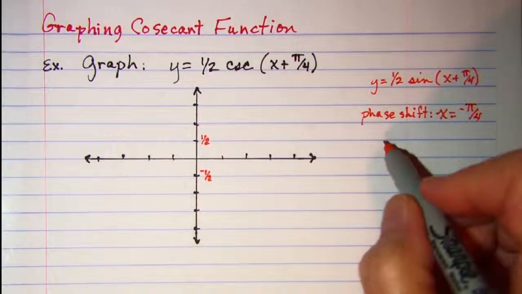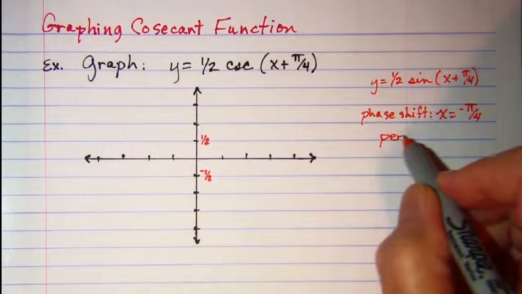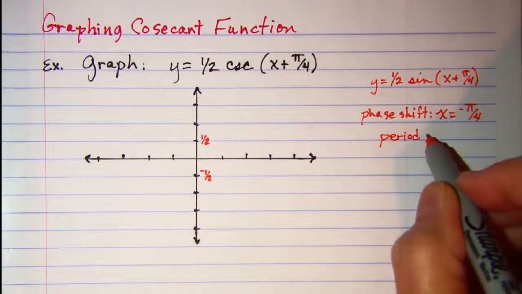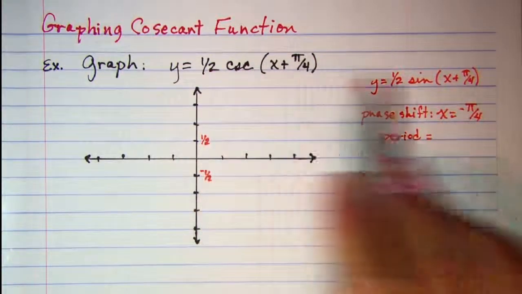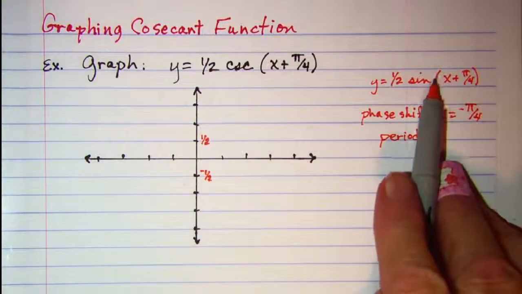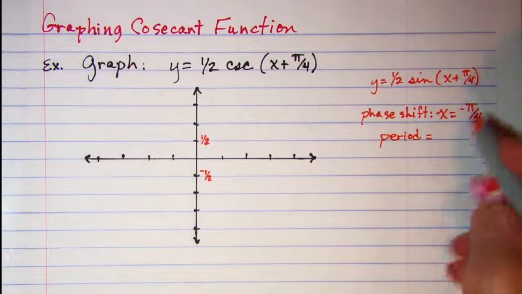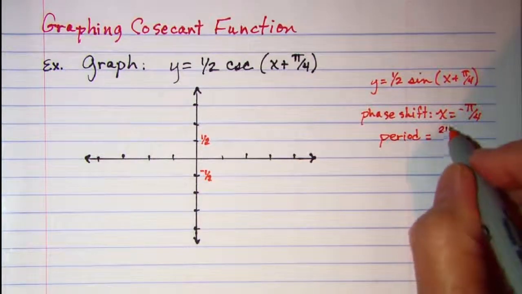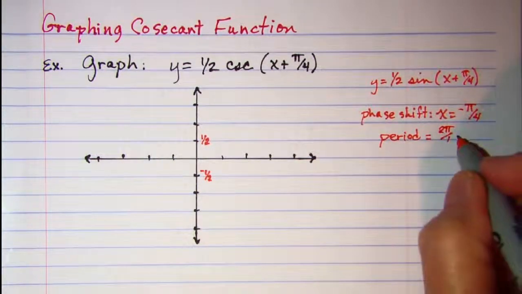My period, b value here is 1, so period is 2 pi over b, so 2 pi over 1, which is 2 pi.